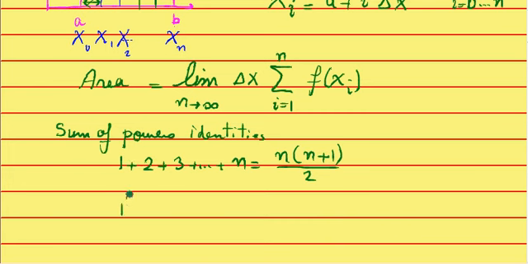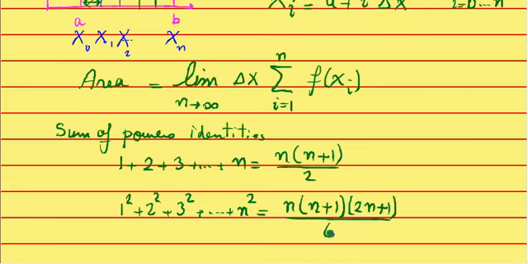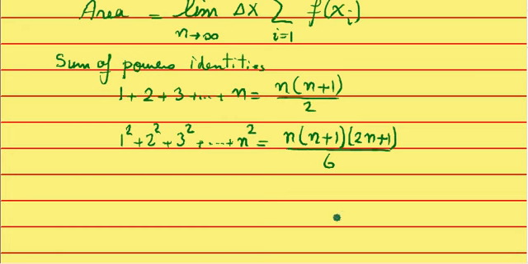If the powers are 2, it takes a little bit longer algebra to show that the answer is n times n plus 1 times 2n plus 1 over 6. If the powers are 3, you get, by peculiar coincidence, the square of the first: n squared times n plus 1 squared over 4.